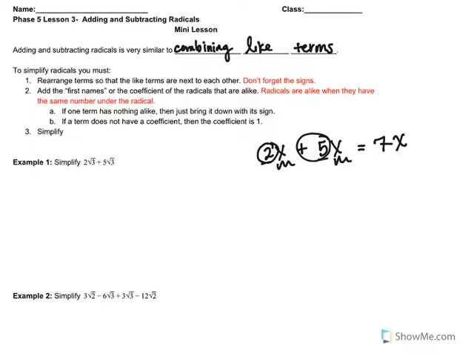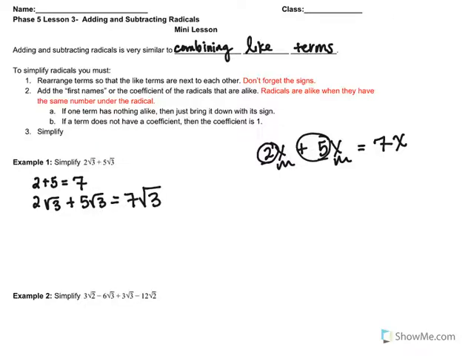So if I want to combine these two things, I take their first names, 2 plus 5, which gives me 7, and then I keep their last name, which is radical 3. So 2 radical 3 plus 5 radical 3 is equal to 7 square root of 3.